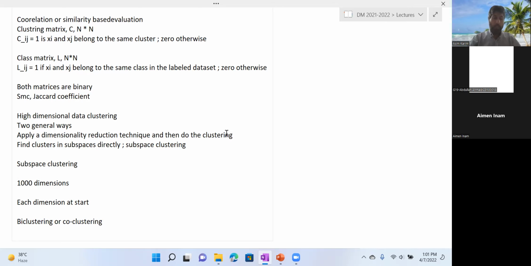So the idea here is that, again, as I said, you had objects that are represented by features or dimensions. In bi-clustering, you cluster simultaneously both the objects and the features.